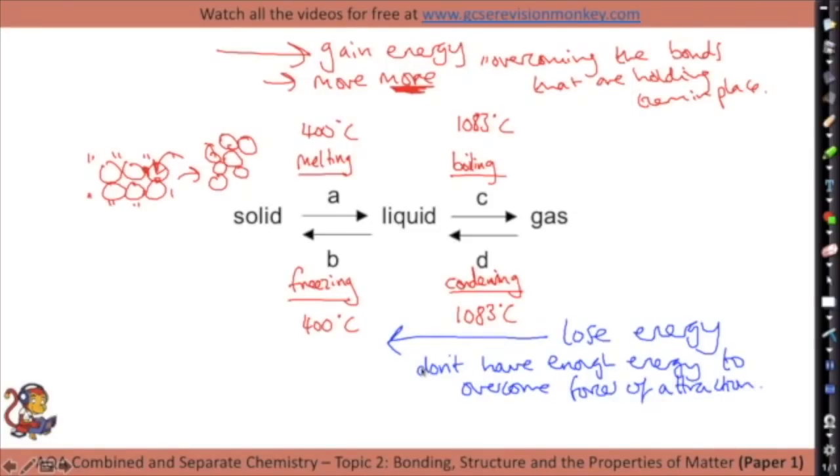And as they lose energy and therefore can't overcome these forces, you will end up with bonds forming between the particles as it changes state. So here we're going to get stronger bonds forming between the particles to make it a liquid, and even stronger bonds forming between the particles to turn it into a solid.